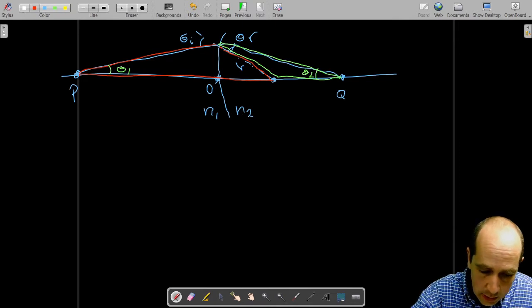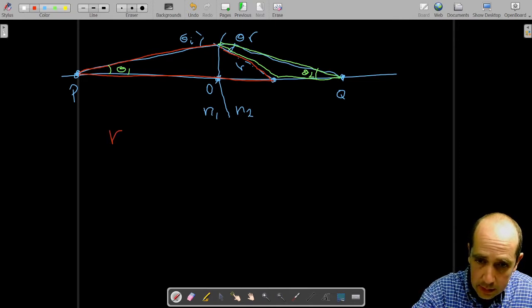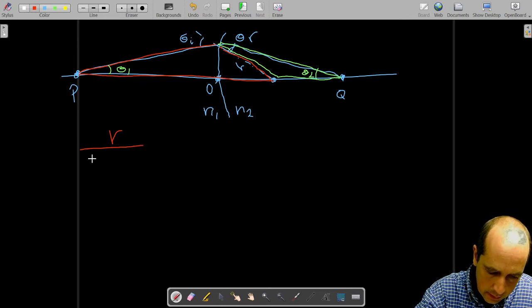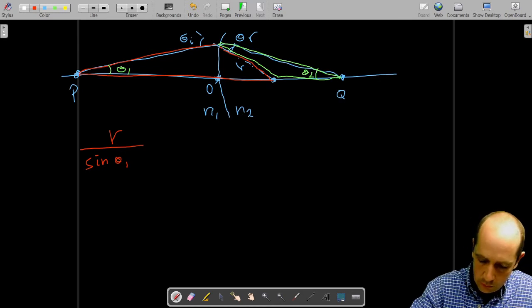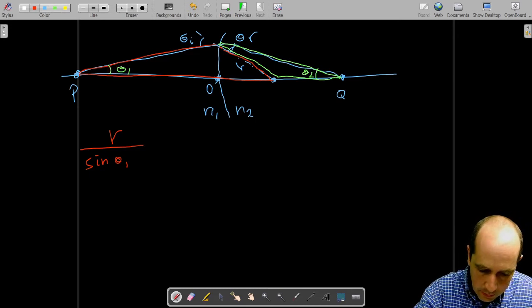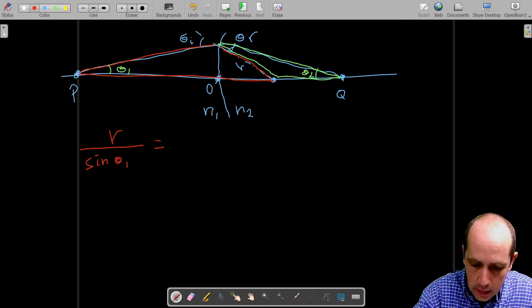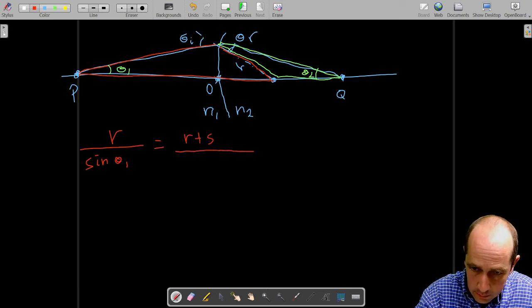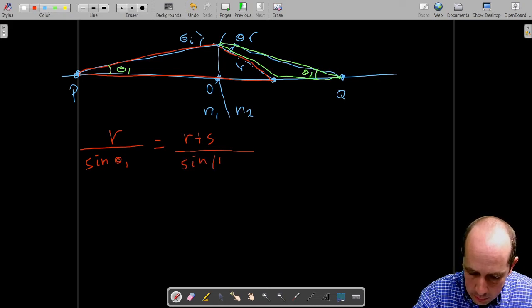So R divided by sine of theta 1, which refers to this side and the opposing angle over here, will be equal to (R plus S) divided by sine of (pi minus theta I).